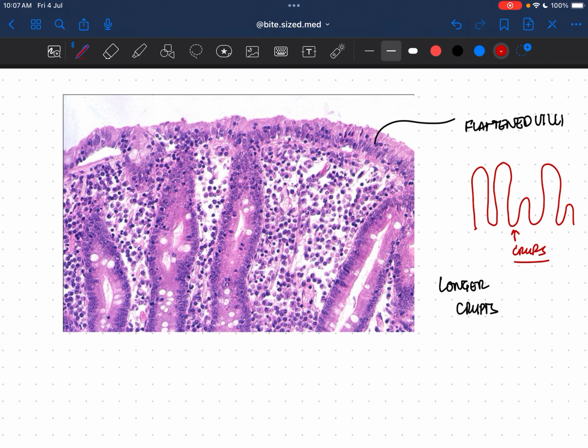So because of destruction of enterocytes and subsequent destruction, the villi are flattened, not long and tall. There are longer crypts, and another significant finding that we can see in this slide is the immune infiltration into the villi. So that is the pathophysiology and pathological finding of celiac disease.